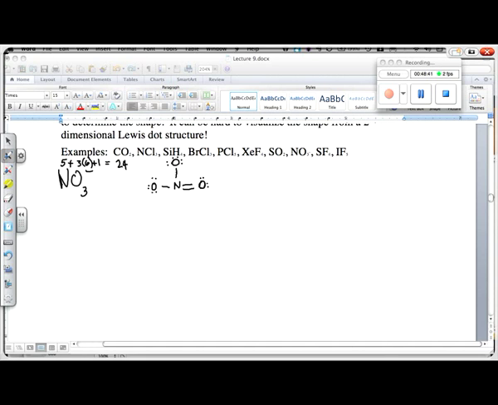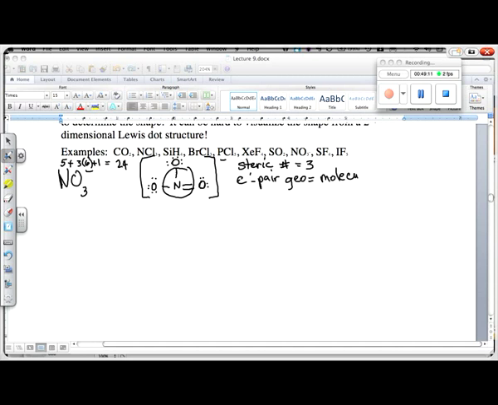All right, so, to be most correct, this is an ion, so we should put the brackets around and put the negative sign on the outside. All right, shape. Focus on the central atom. 3 sets of electrons. The steric number is 3. Because there is no lone pair on the central atom, I know that my electron pair geometry and my molecular geometry are the same.